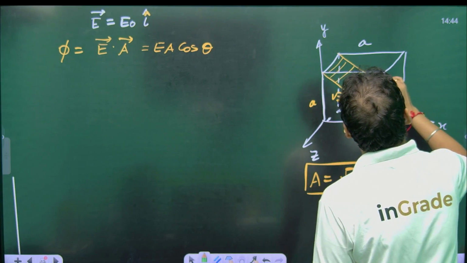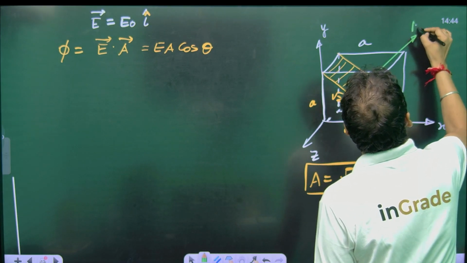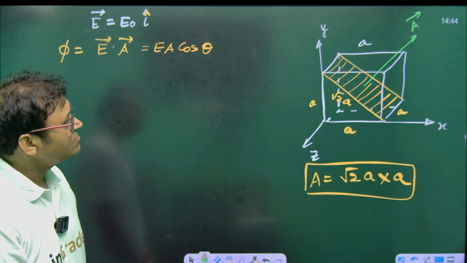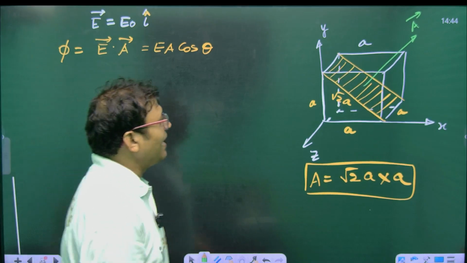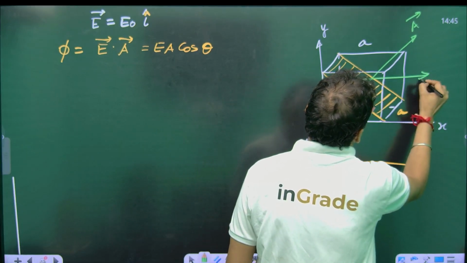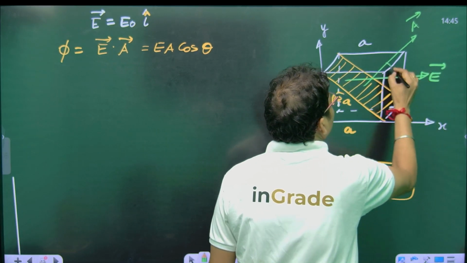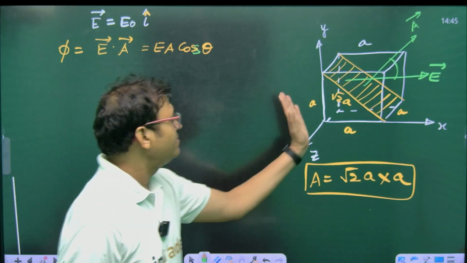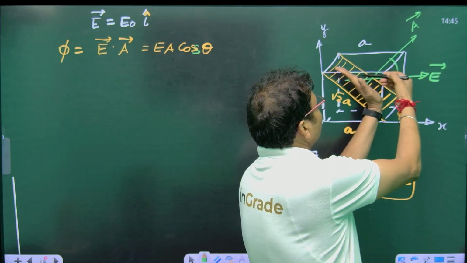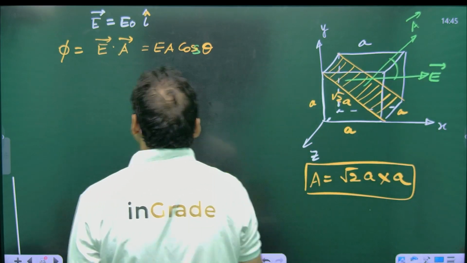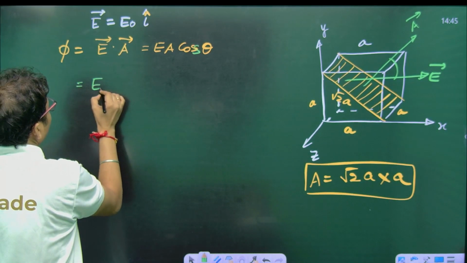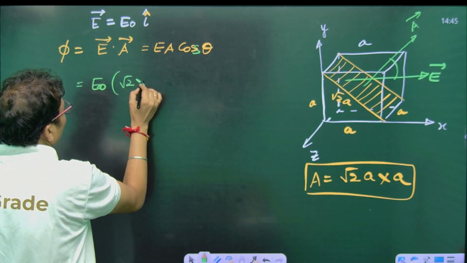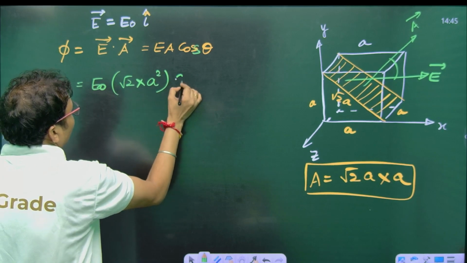It is outward, like this. Electric field is like this. So this angle will be 45 degrees, isn't it? The angle between the area vector and the electric field vector. This is 45. So E naught is the magnitude of electric field, into root 2 A square into cos 45.